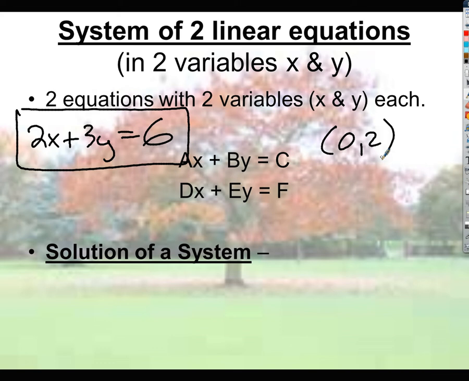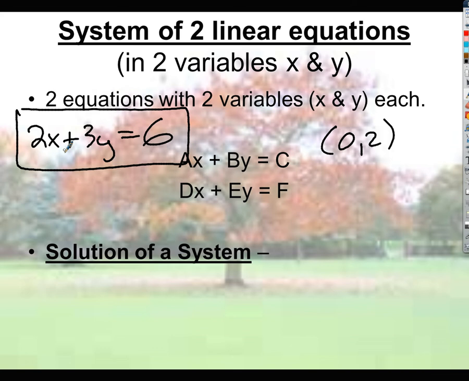How do you know that's a solution? Yeah, it makes the equation true. If I plug those values in, I get 2 times 0 plus 3 times 2, I get 6 equals 6. So it makes the equation true. We say in math it satisfies the equation, so it is a solution.